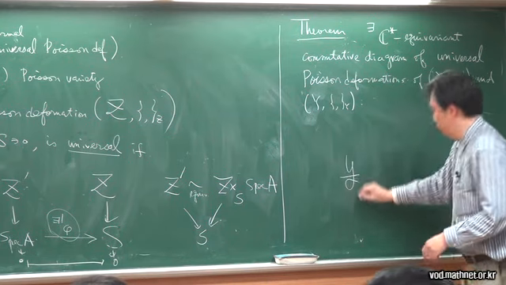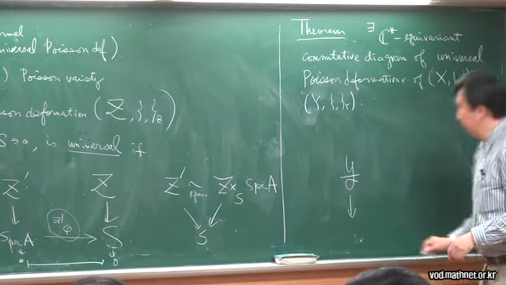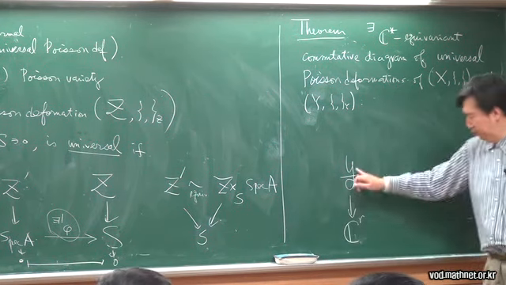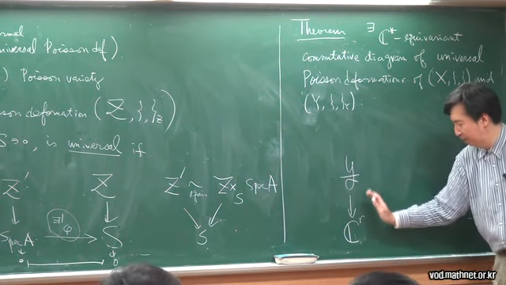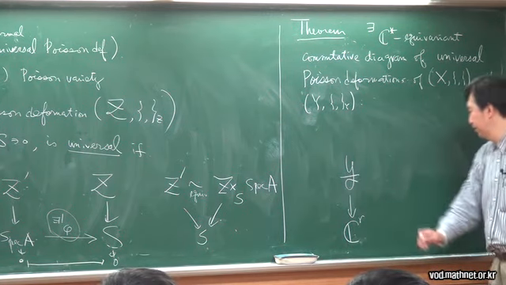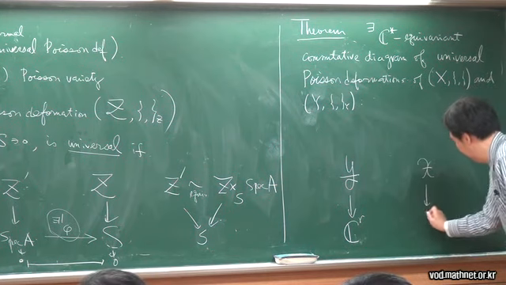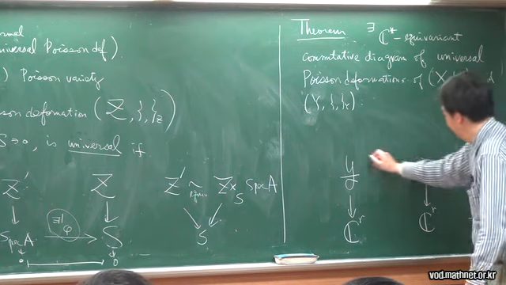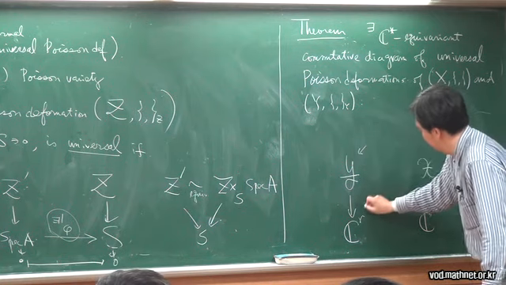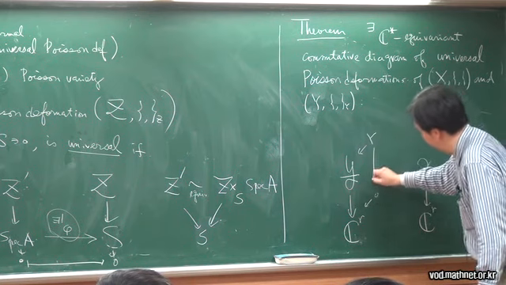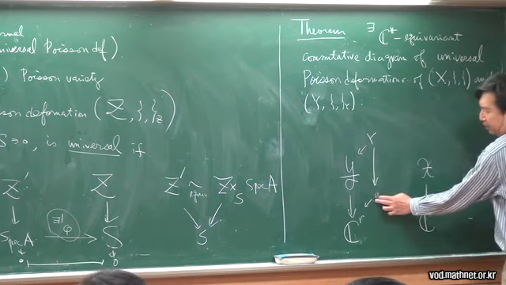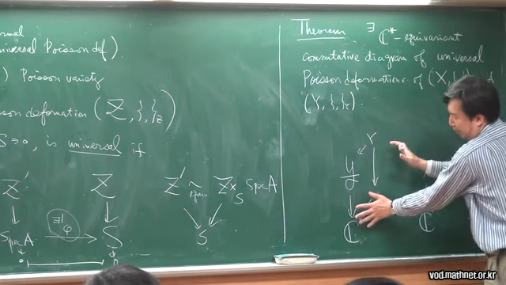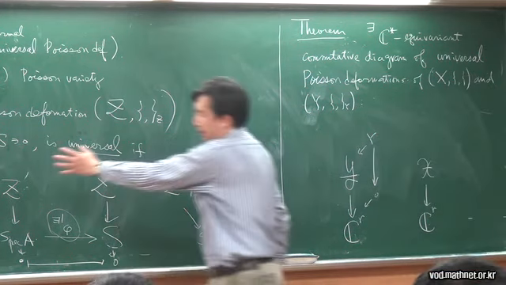Here you have the Poisson deformation of Y, the universal Poisson one. This is a family of Poisson varieties over C^R, affine space, and here you have the family of Poisson varieties over C^R, and this is the universal Poisson deformation of Y. So the central fiber is nothing but the original Y, and this is the universal Poisson deformation of Y in this sense.